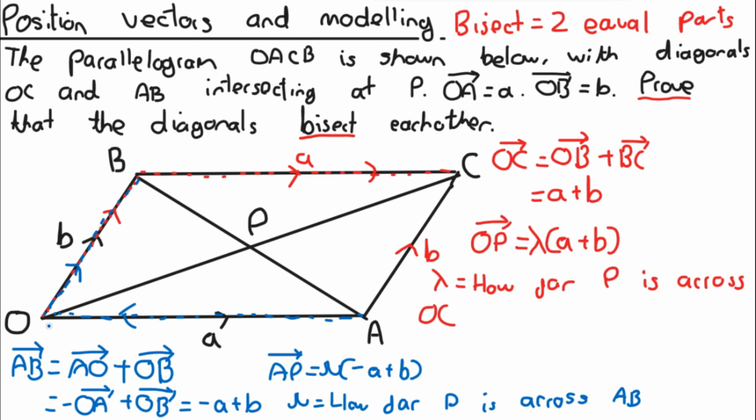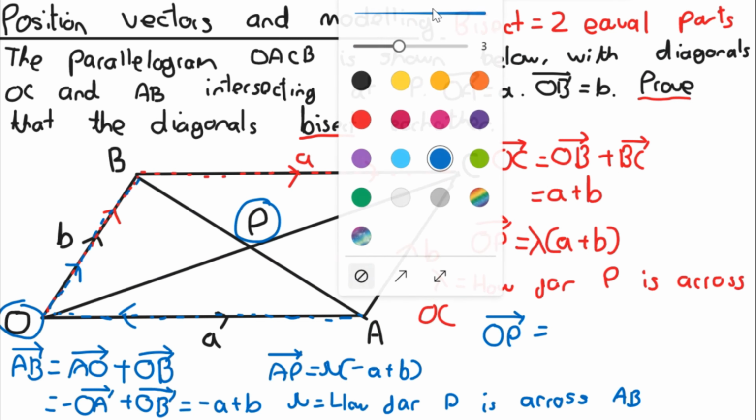And now we're going to find an expression for OP using this term that we've just got for AP. So we want OP, and we're going to use this AP expression so we can get mu, and we're going to do OP is equal to, so let's go across here this time. So OA, so we're going to go across it. I might do this in a different color actually.